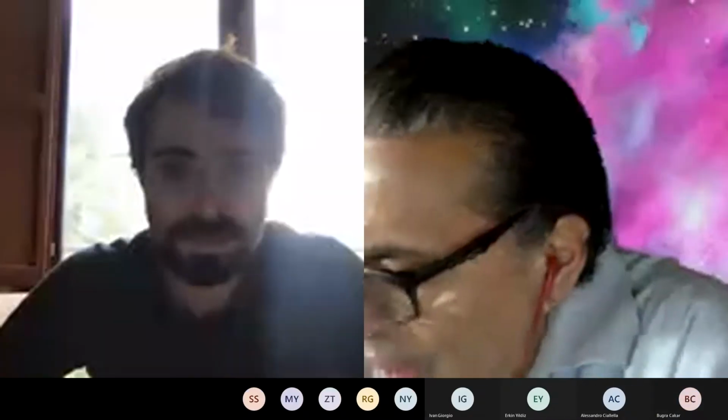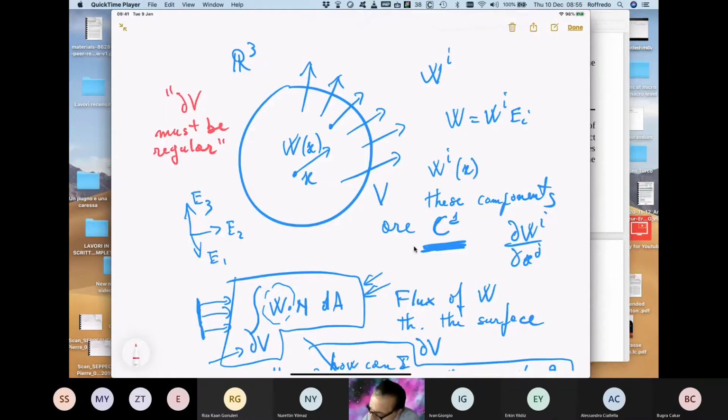The boundary of V must be regular. What does regular mean? That at every point you have a tangent plane, and you have a normal vector to the surface. So also the boundary has to be regular.